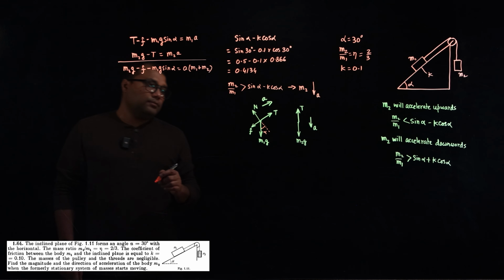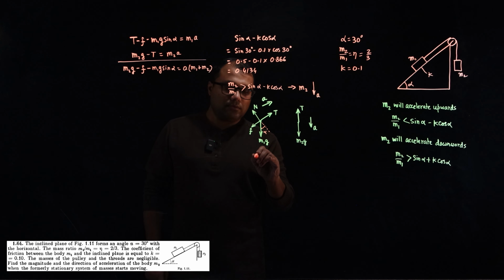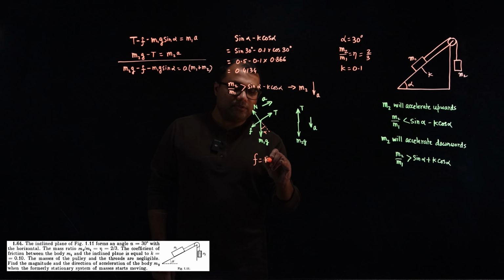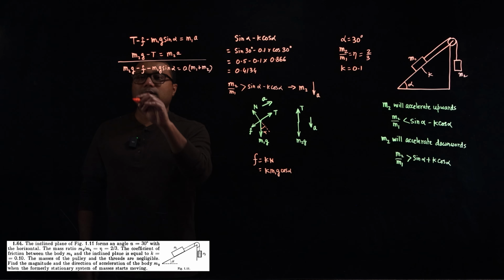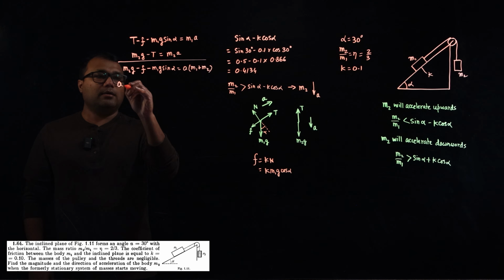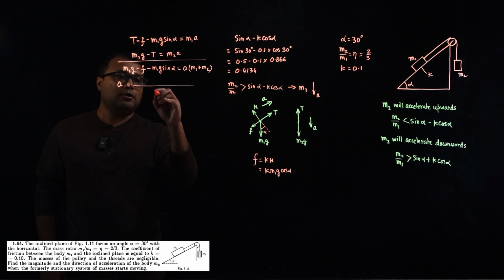Now friction is k times normal reaction, because this is kinetic friction. So k times normal reaction is m1g cos alpha. So we can substitute that. So let's bring m1 plus m2, so that will go in the denominator.